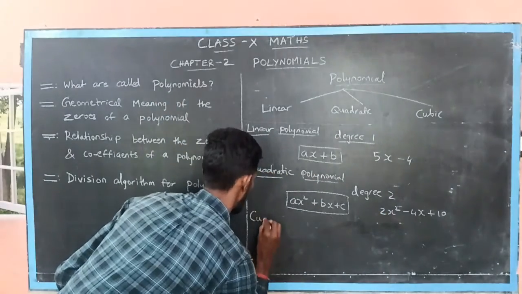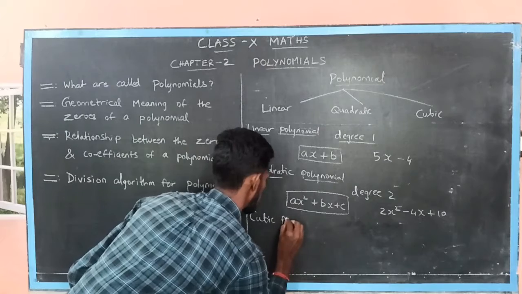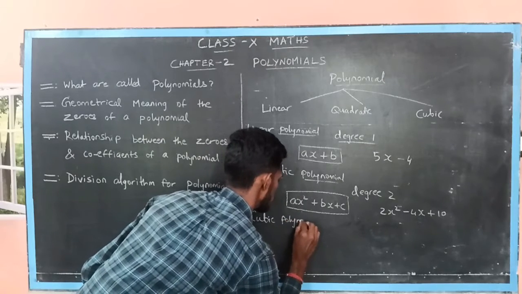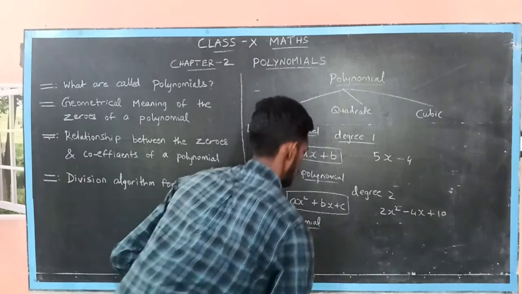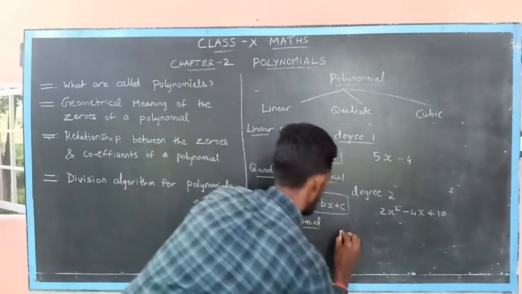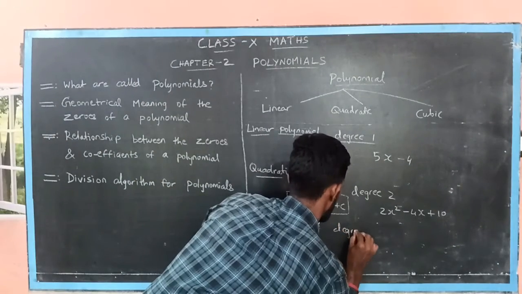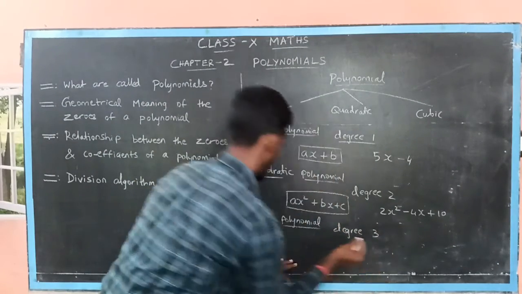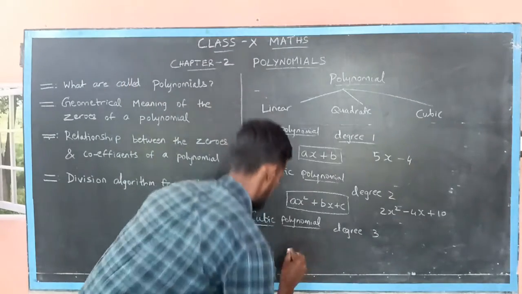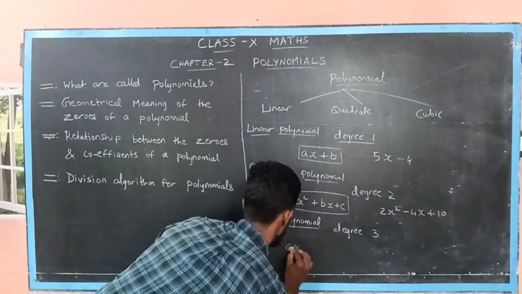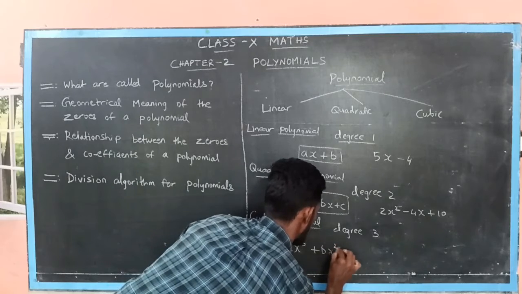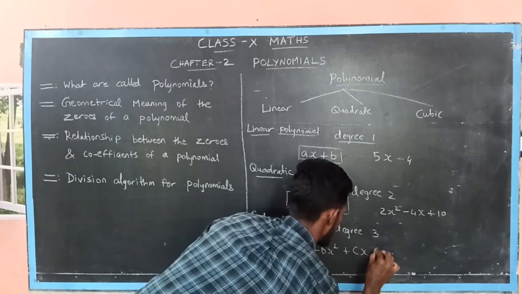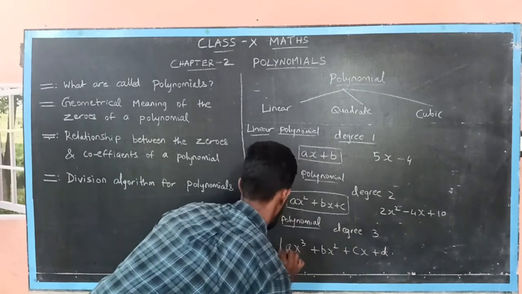Then cubic polynomial. The polynomial having degree 3 is stated as a cubic polynomial. The general form of a cubic polynomial is ax cube plus bx square plus cx plus d.